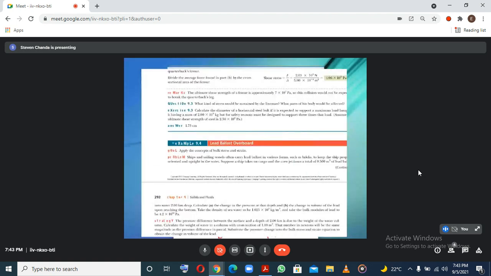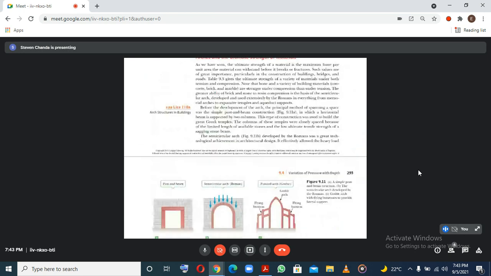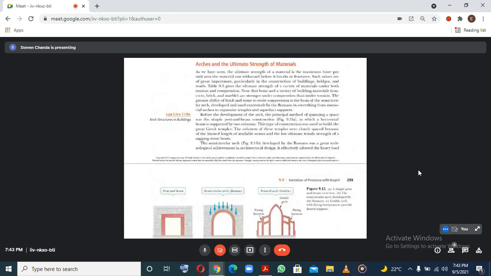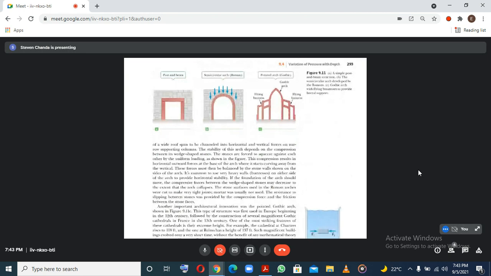Okay, so now here they're just trying to explain arches and the ultimate strength of materials. They're saying how you set up something can really affect the ultimate strength.